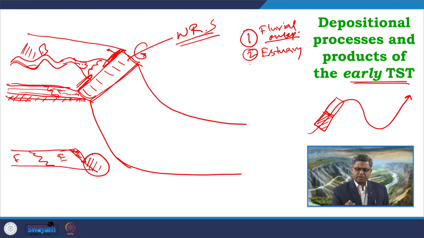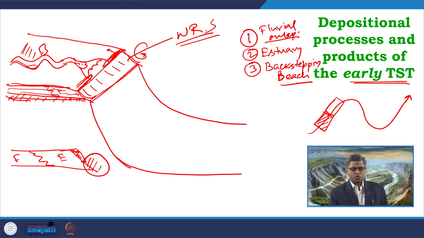So, these two together will be overlain by or onlapped by the backstepping beach system or barrier bar system, which will be occupying these areas. They will be associated with abundant wave ravinement process.